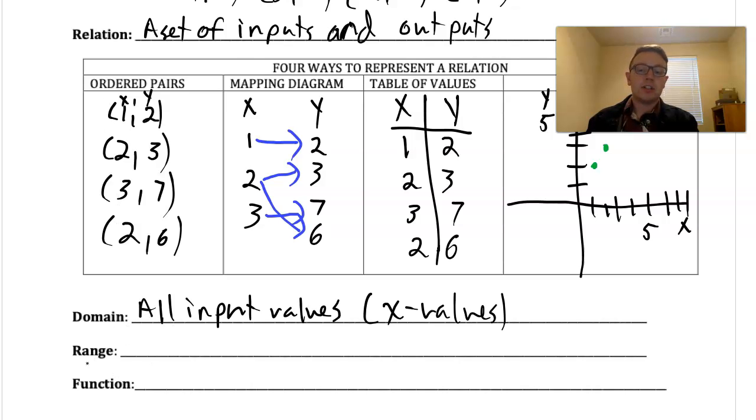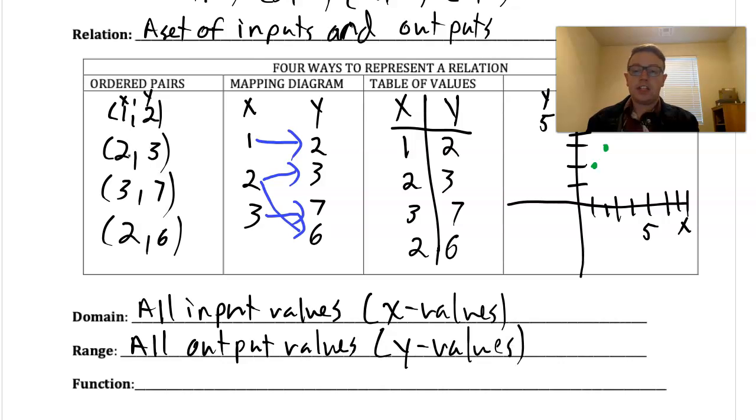Domain is our inputs. Range is the same, but for y. So range is all of the output values. For this, what are our outputs? It's 2, 3, 7, and 6. So that would be our range.